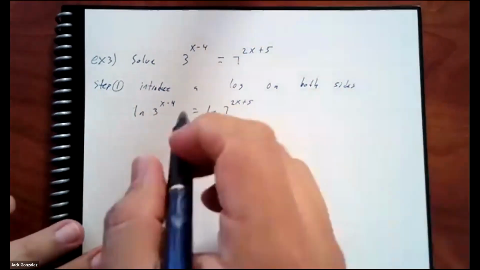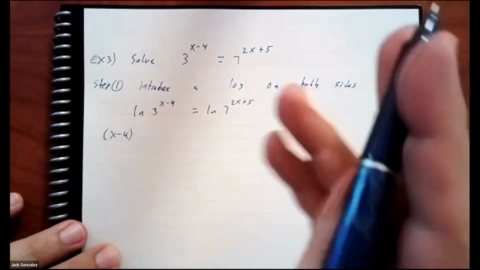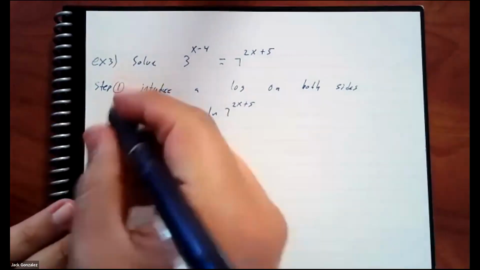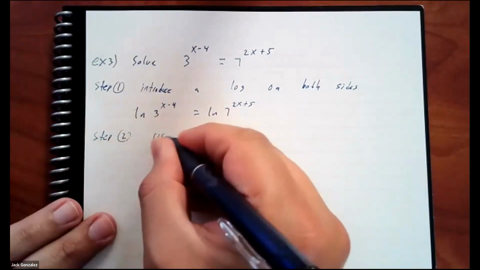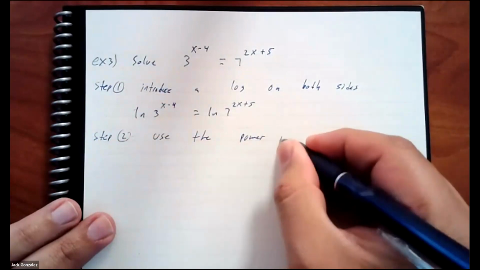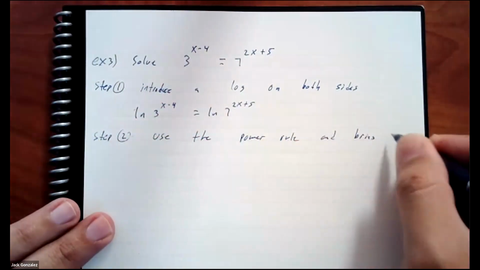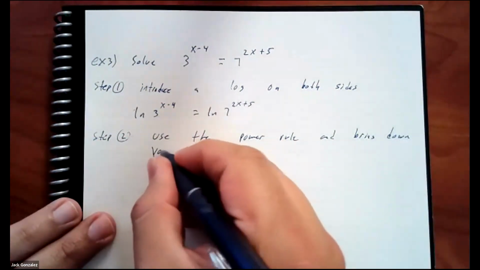Okay, sorry, got distracted. So bring down the power. That'll be step two. Step two is use the power rule and bring down your powers.